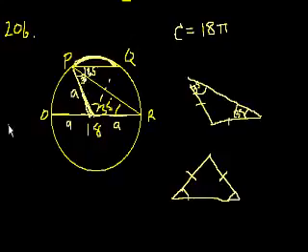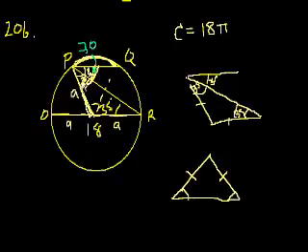Now this is useful, because if this angle is 35 and that angle is 35, what is that entire angle? Let me draw it up here. So that's the PQ side. So this is also 35. So this entire angle right here is 35 plus 35, which is 70 degrees.